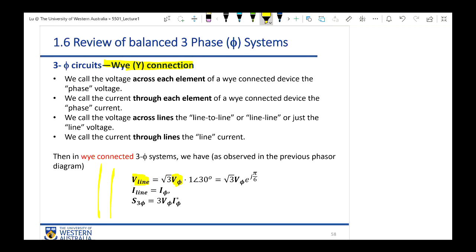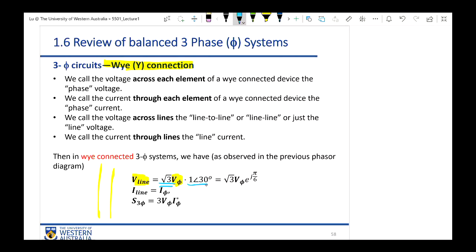With that, the line-to-line voltage is stronger than the phase voltage. How strong is it? Square root 3 times stronger. If the phase voltage is 1 volt, the corresponding line voltage will be square root 3. That's the magnitude. So stronger, and leading: the line voltage phase angle should be 30 degrees greater than the corresponding phase voltage.